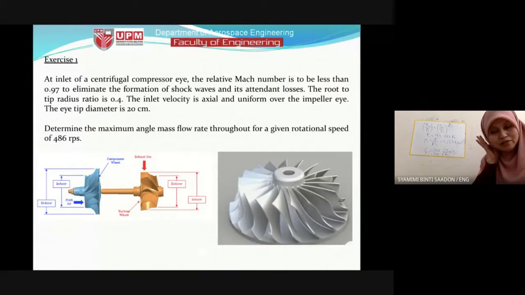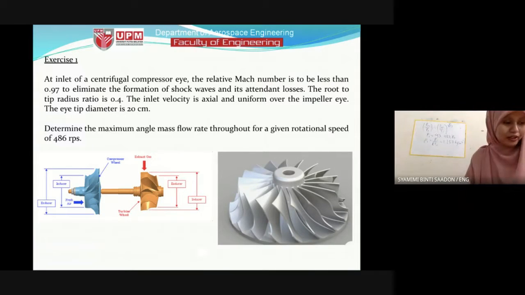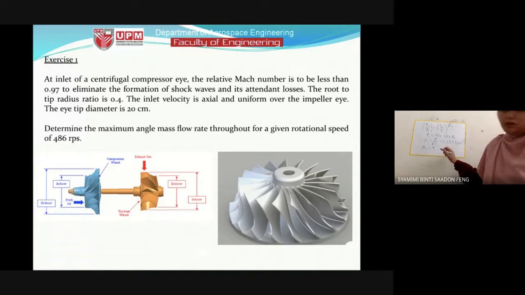Obviously we have to use the information on the ratio, diameter, etc. So the area A1 is pi over 4, the normal equation for the area of a circle.